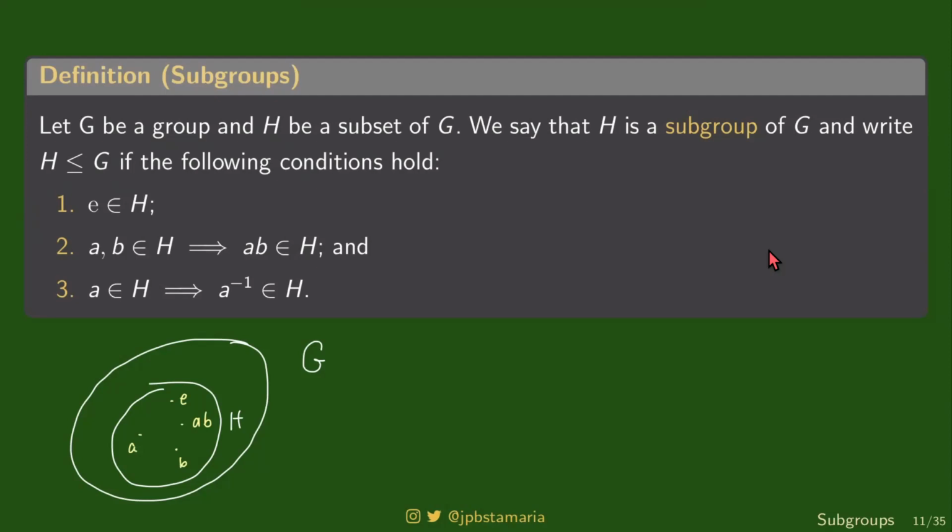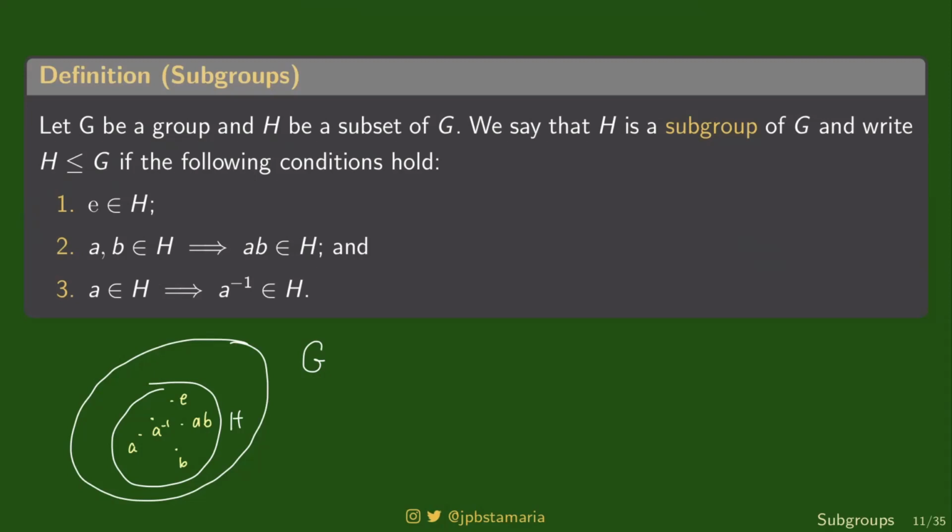Ang tanong na lang dito is no longer the existence of inverse. Rather, kung yung inverse ba ay nandoon din sa loob ng H. So gusto natin, yung A inverse nandyan din sa loob ng H kapag si A ay nasa H. These three conditions make H a subgroup of the group G.